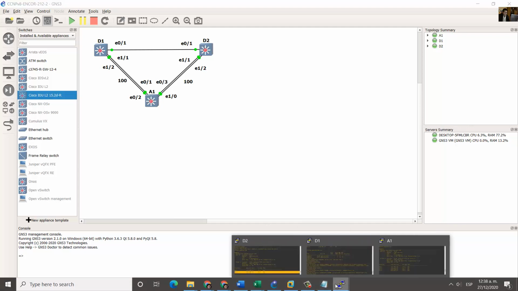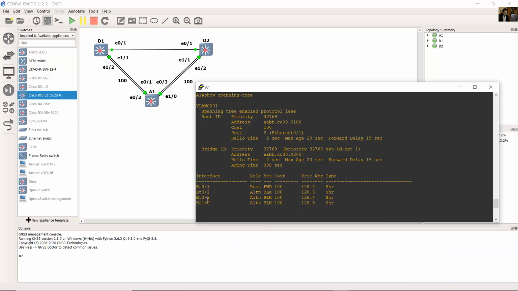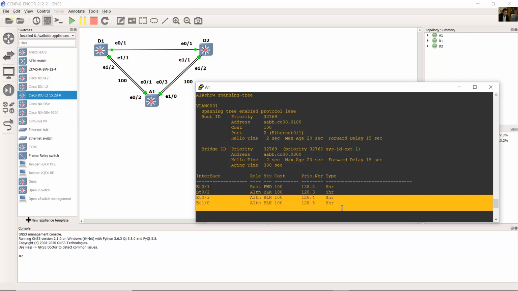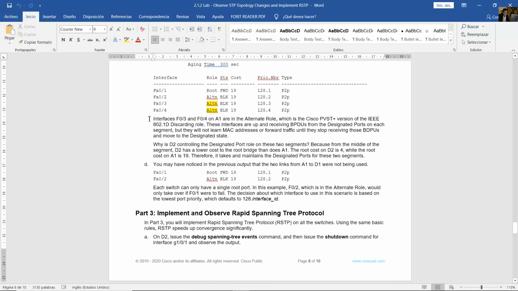Go to A1. Remember, Ethernet 0/3 and 1/0 are alternate.